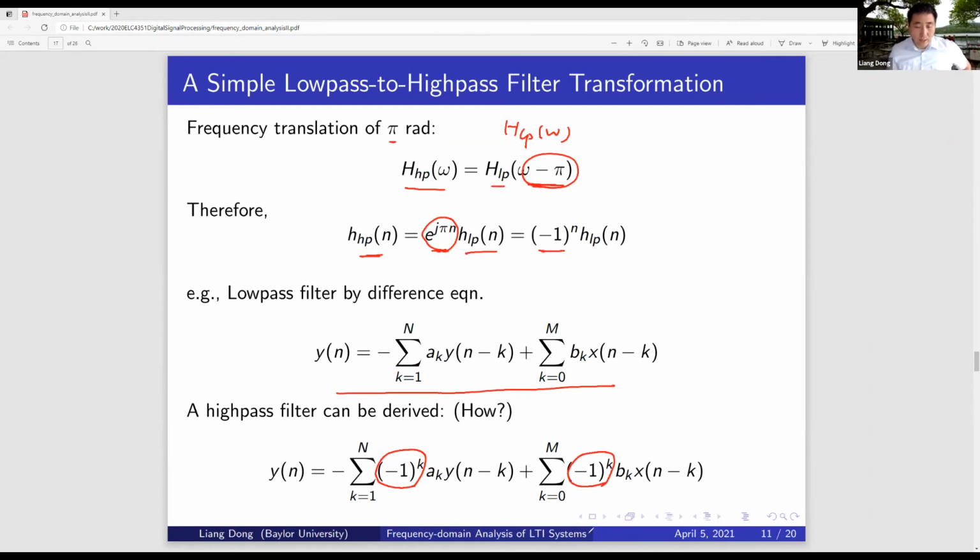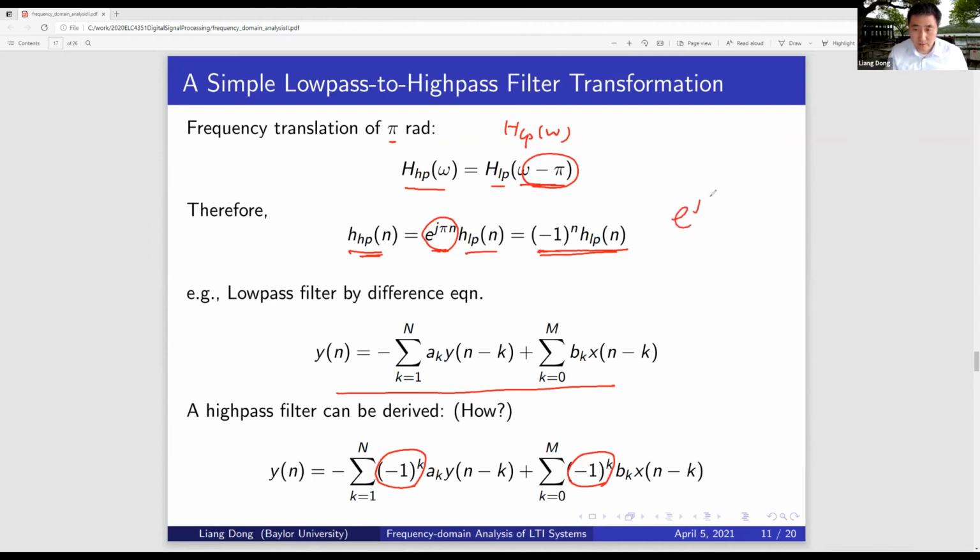Now, why can we do that? Well, it's coming from here. Also, you can discuss it directly on the difference equation. All we need to do is shift the roots, in this case the zeros and the poles, by omega minus pi. So you shift the poles on the unit circle, you rotate by pi.